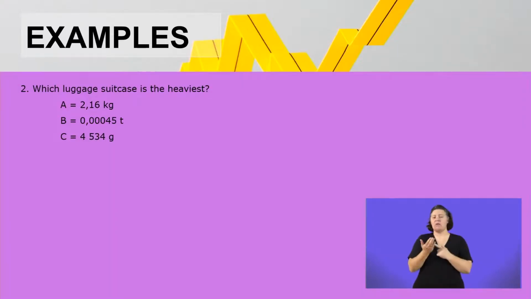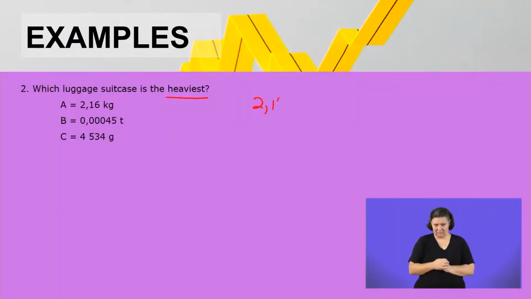Okay, grade 12, so let us look at the next example. We are asking here which luggage suitcase is the heaviest. So here I have 2,16 kilograms, 0,00045 tons, and then 4,534 grams. Now you can decide in which unit you want to work. Now I decided I want to work in kilograms, so I'm going to leave A as 2,16 kilograms.